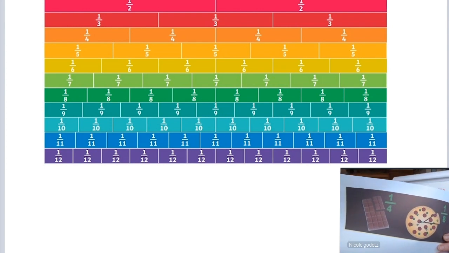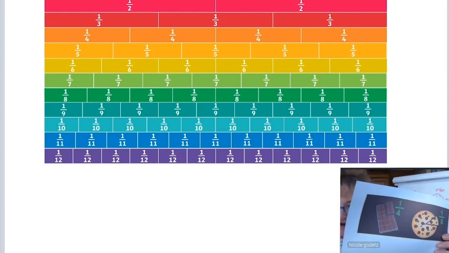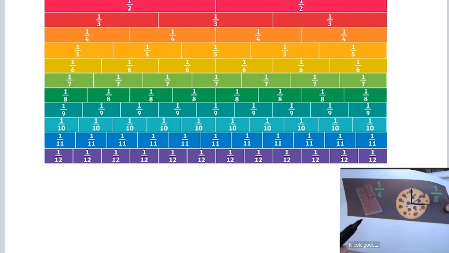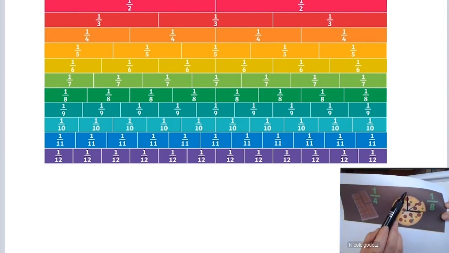If we were going to have 1/4 of that pizza, the line would need to be there, wouldn't it? That would be 1/4. That would be 1/4.